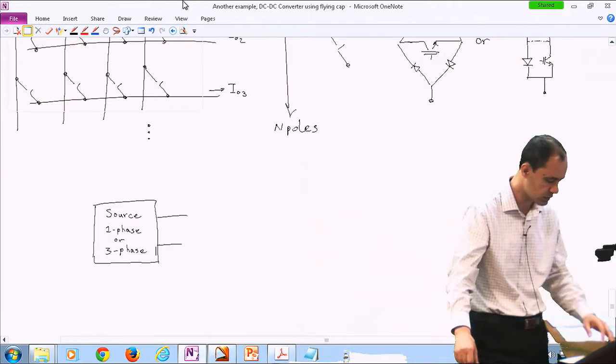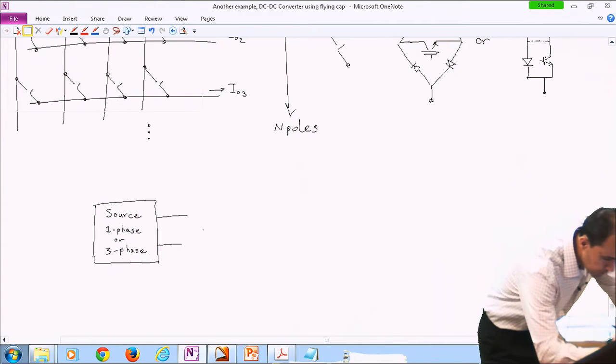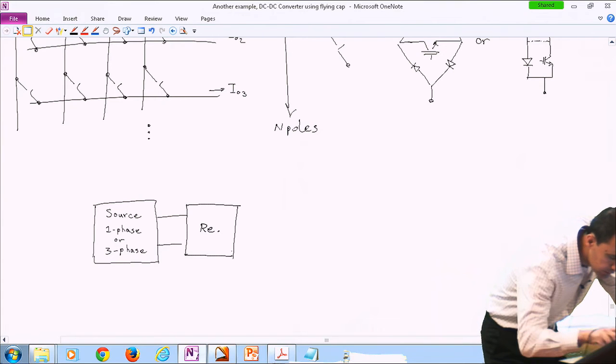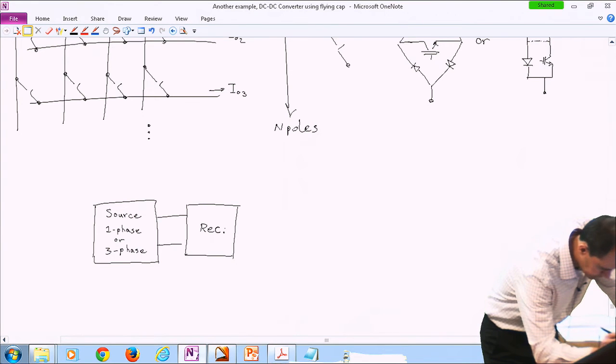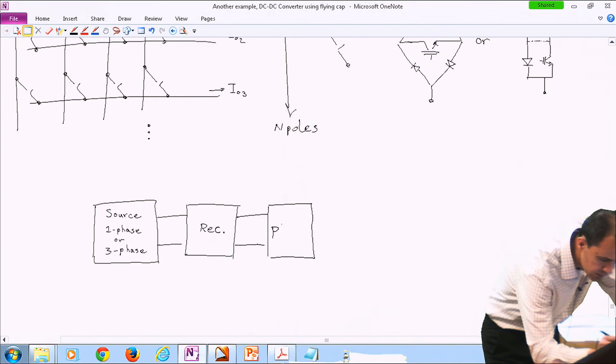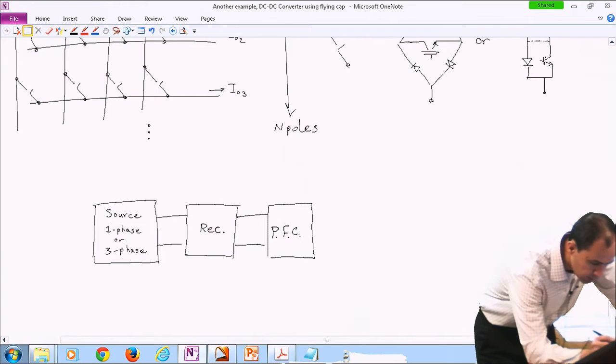So what you've got to do is rectify this to DC. And usually power factor correction is important to you, and we are going to actually discuss power factor correctors soon, probably next week. So technically you end up with a DC link.